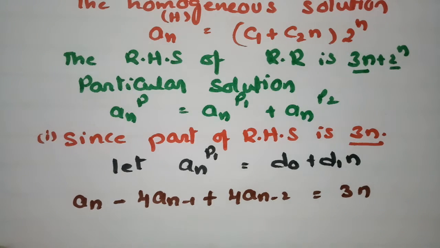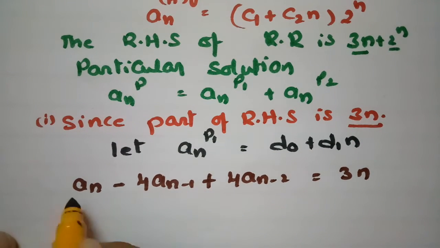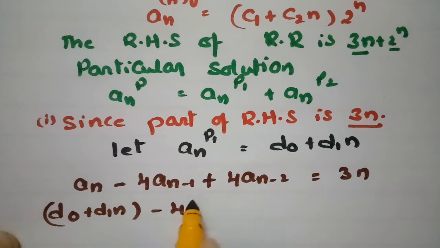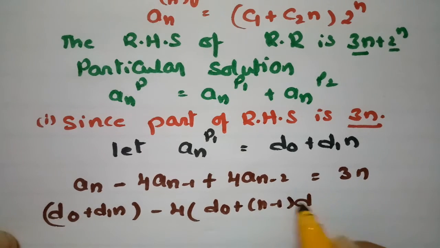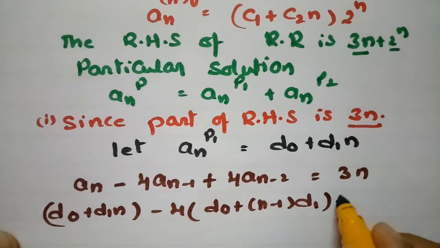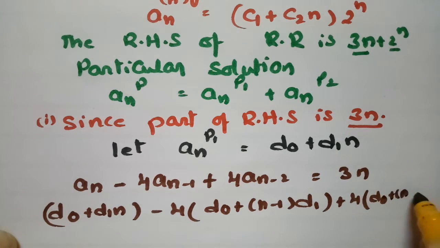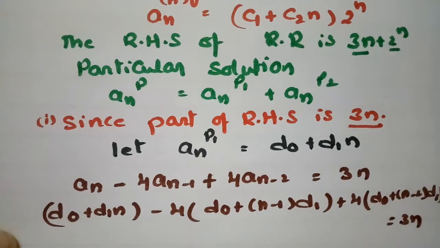Now we substitute: a_n = d0 + d1 n, then minus 4 times d0 + (n-1) d1, plus 4 times d0 + (n-2) d1, equal to 3n.